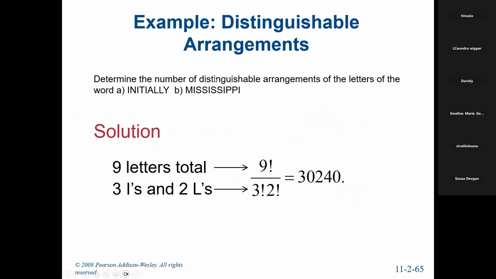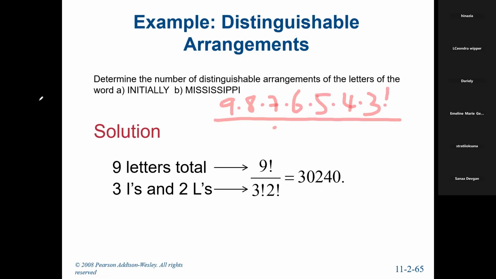If you want, you can do that. 9 factorial would be 9 times 8 times 7 times 6 times 5 times 4. And then you stop at 3 because 3 is greater than 2. Then times 2 factorial. Then you can show that.